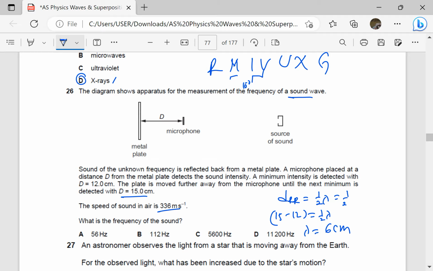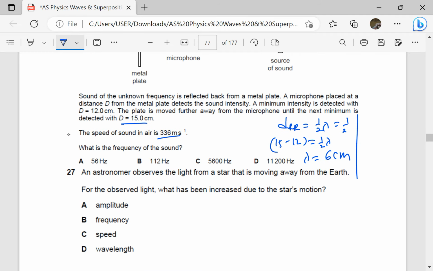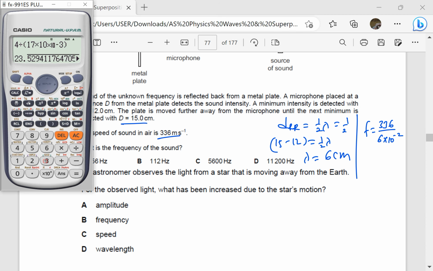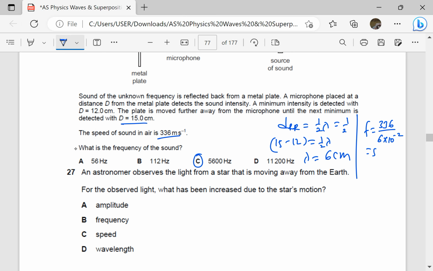They gave us the speed of sound, so we can find the frequency. Frequency is going to be v, which is 336, divided by wavelength, which is 6 times 10 power negative 2. So 336 divided by 6 times 10 power negative 2 gives us 5,600, which is C.